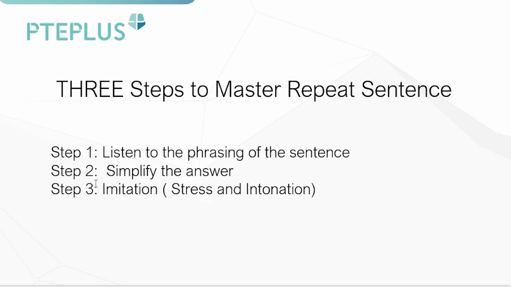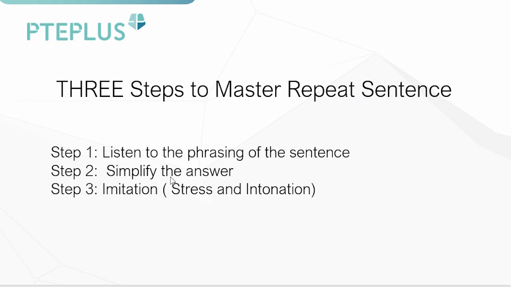We've got 3 simple steps to maximize our repeat sentence in the PTE exam. To summarize today's lesson, there are 3 steps for us to practice, especially if we want a high score in repeat sentence. First of all, we need to listen to the phrasing of the sentence, not listen to the sentence as a whole.